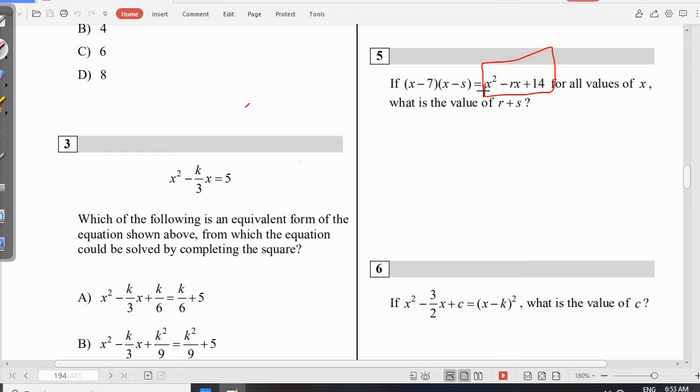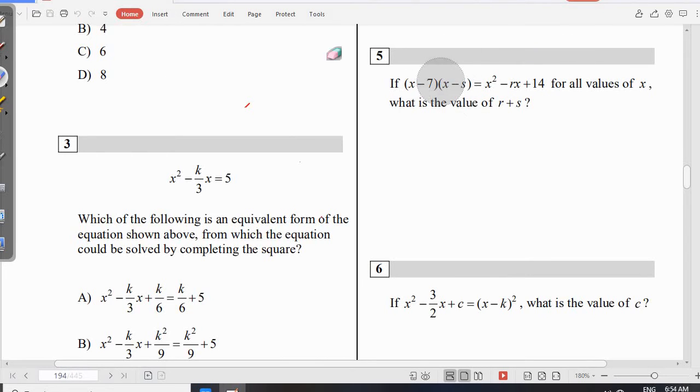And once you get the two factors, we can proceed. Alright, let's see how we can go about that. Another way of doing this is to expand this.